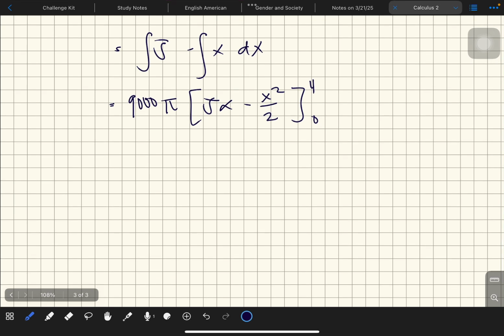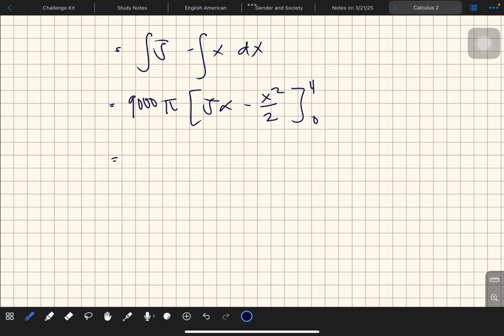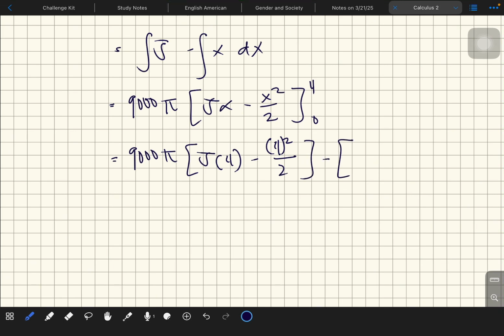So let's compute it. 9,000 pi times 5, substitute the value of x to 4, minus 4 squared over 2, minus 5, substitute 0, minus 0 squared over 2.